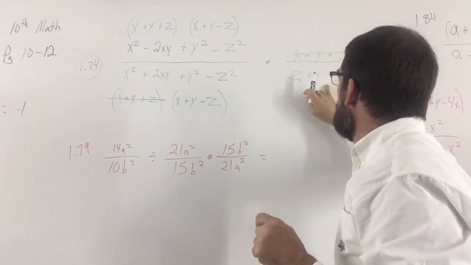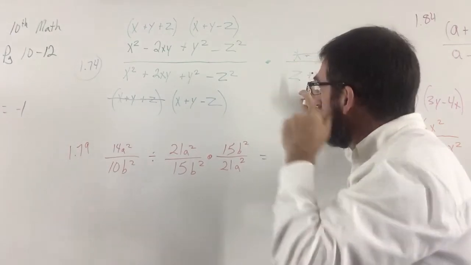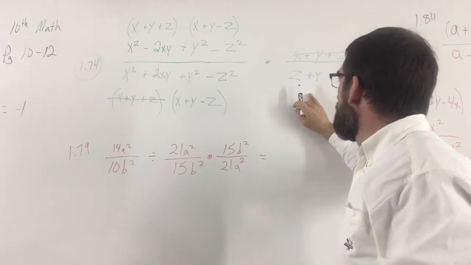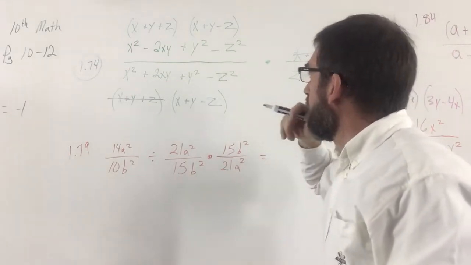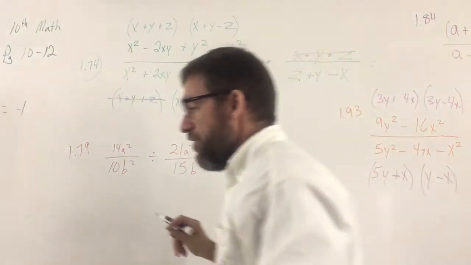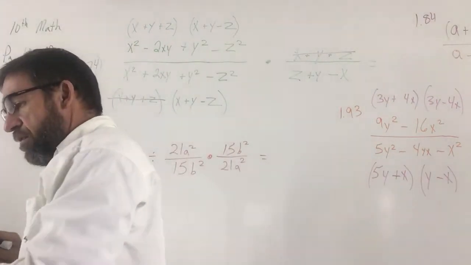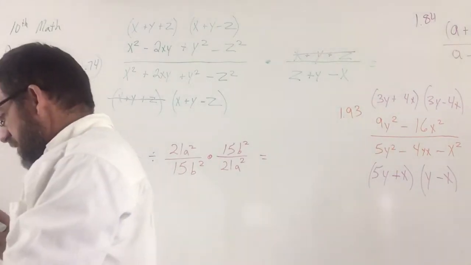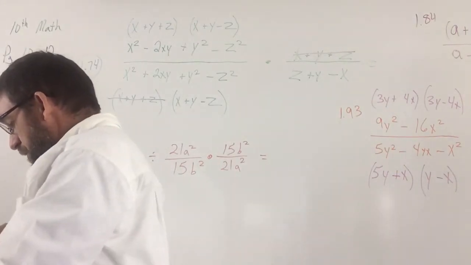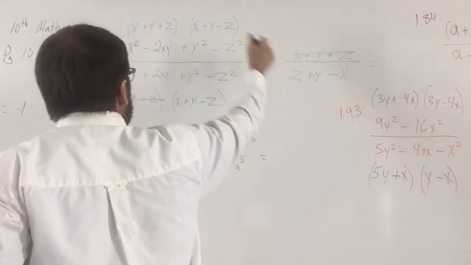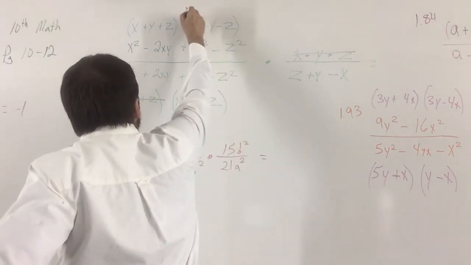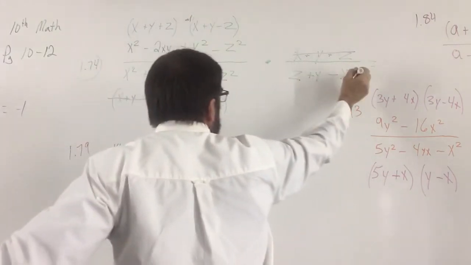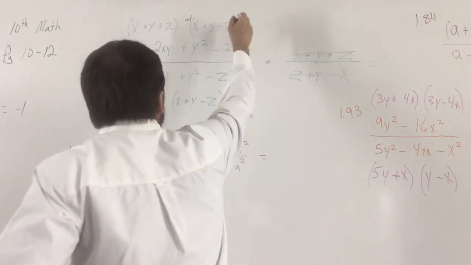Whoa, I don't have a negative x. So that means I could make a negative 1. I think that's the way I want to do that here. I want to make one of them a negative x. So let's do this one right up here, a negative 1 times x, and now I can cancel this guy and this guy.